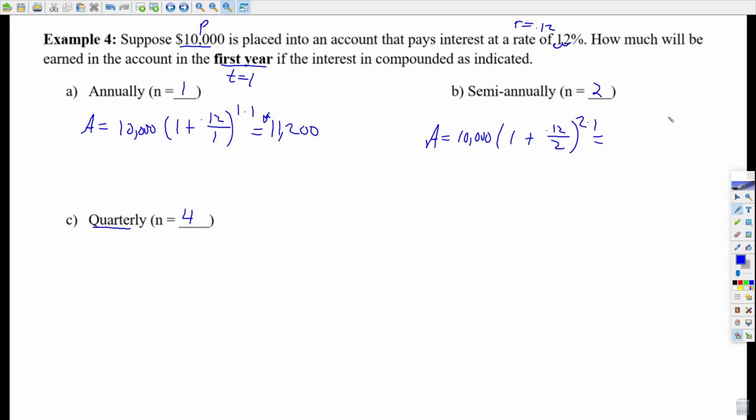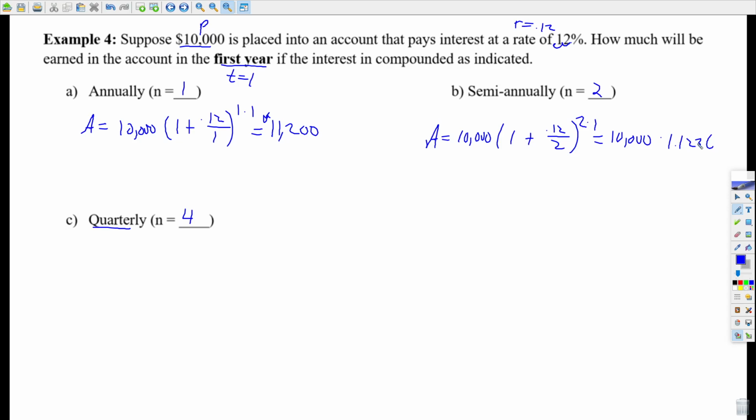Okay, so now I'm going to have something a little different. We're going to do 0.12 divided by 2, which is 0.06. Add that to 1, 1.06. Now we have to raise that to the second power. So right now, I just did everything in the parentheses plus the power, and I got 1.1236.